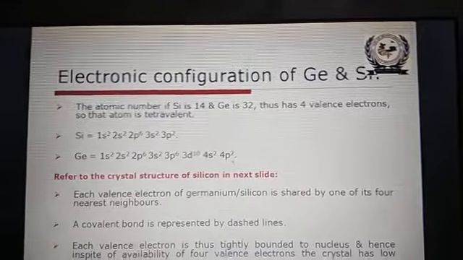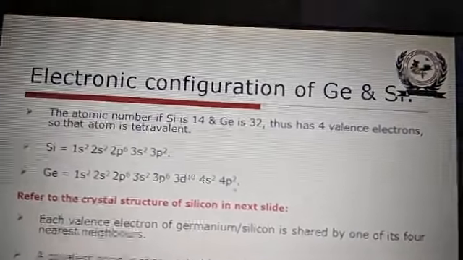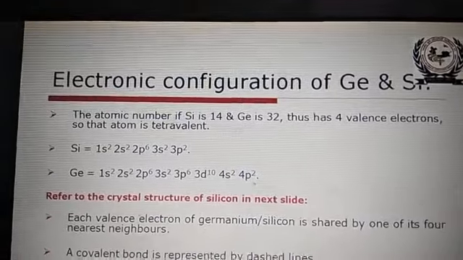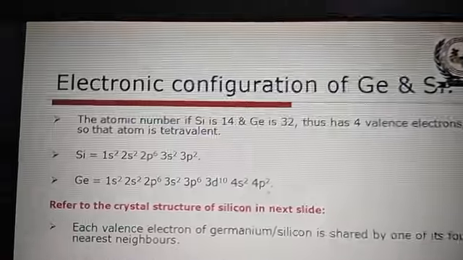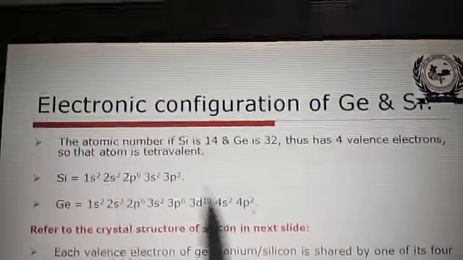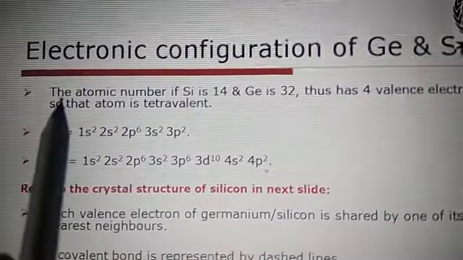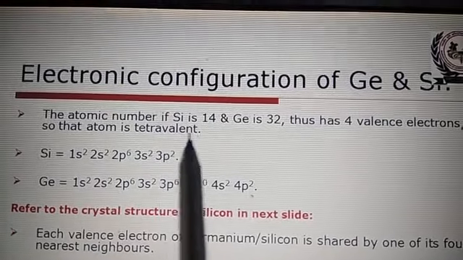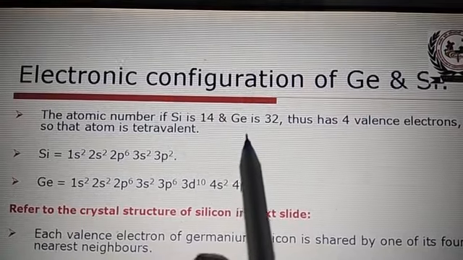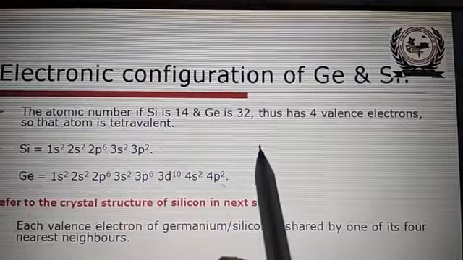Let us see. You have already studied the atomic structure, and through the atomic structure we can go for the electronic configuration of germanium and silicon. You can see here the atomic number of silicon is 14 and germanium is 32.